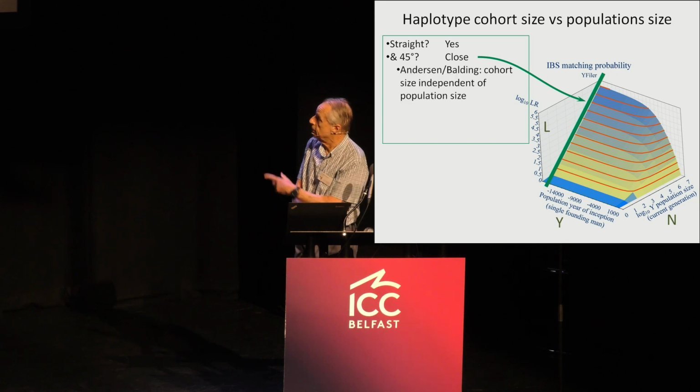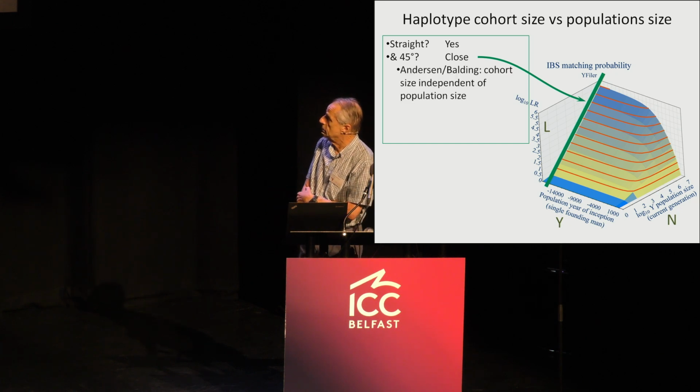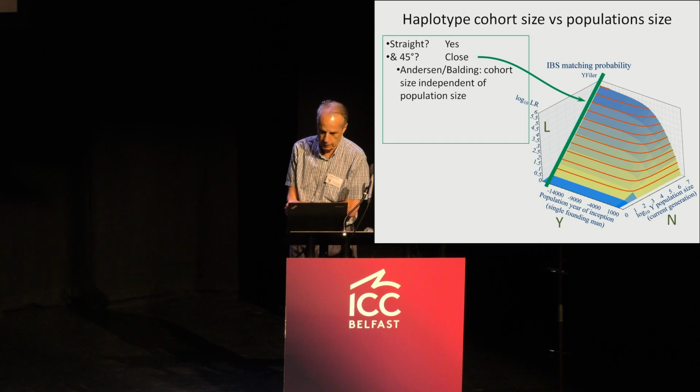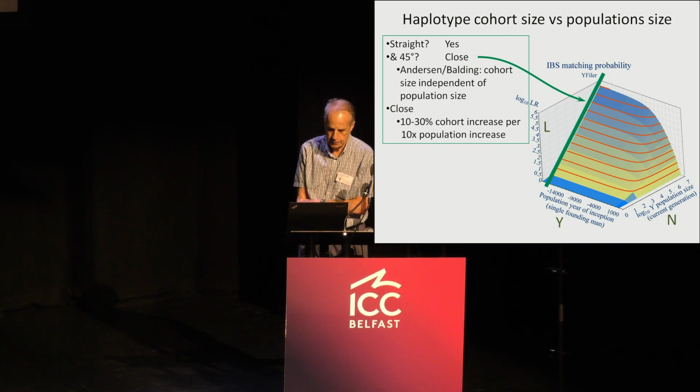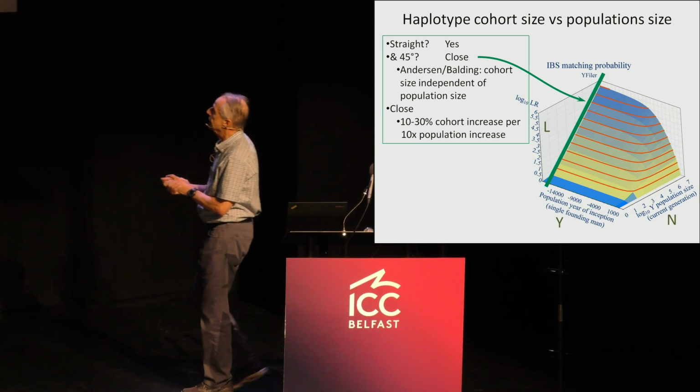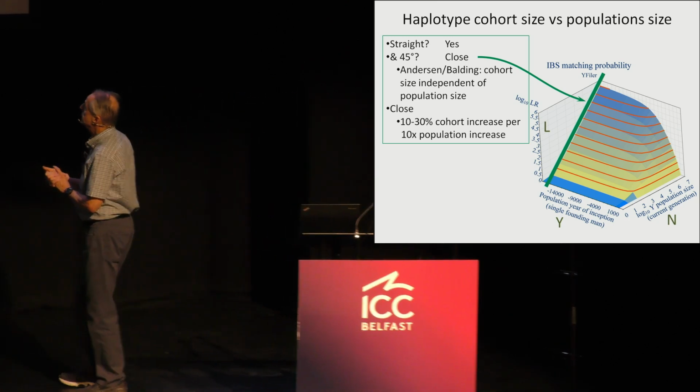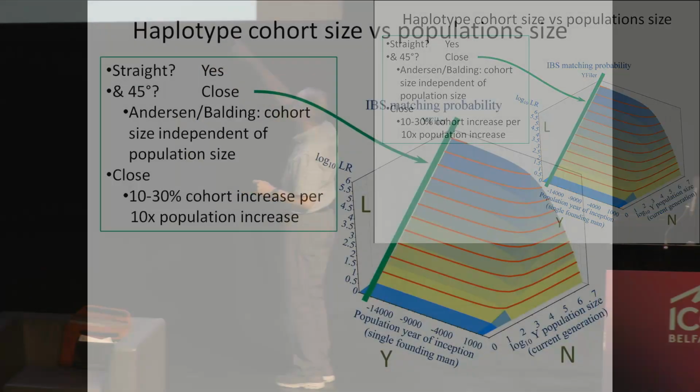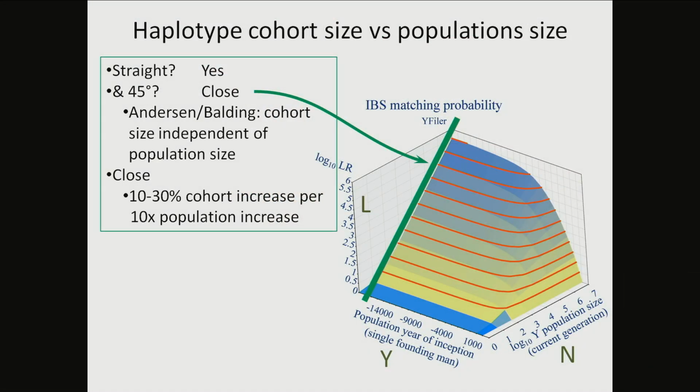There was a paper of some good statisticians, among the very few, who did some simulations to more or less prefigure this work. And so I roughly confirm what they claimed. They say that this line is a 45. What they say is that the strength of the evidence is proportional to population size.